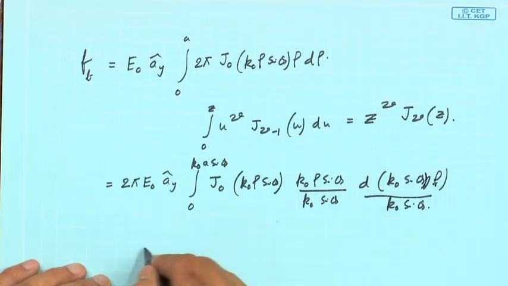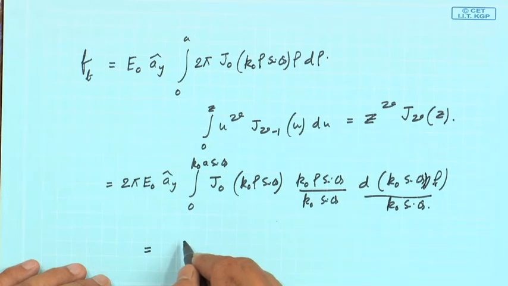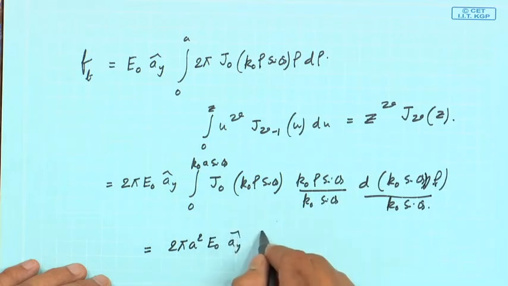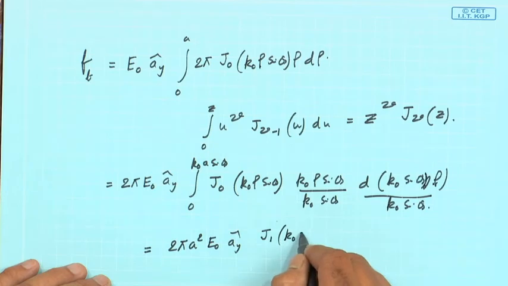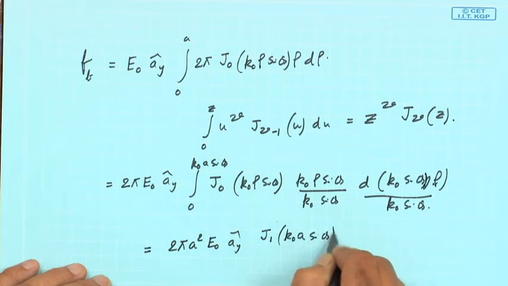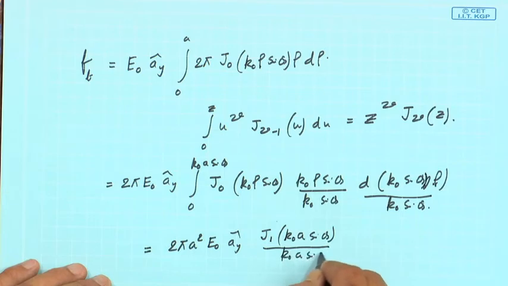If you do that, it finally becomes 2 pi a squared E0 a_y J1(k0 a sin theta) / (k0 a sin theta).